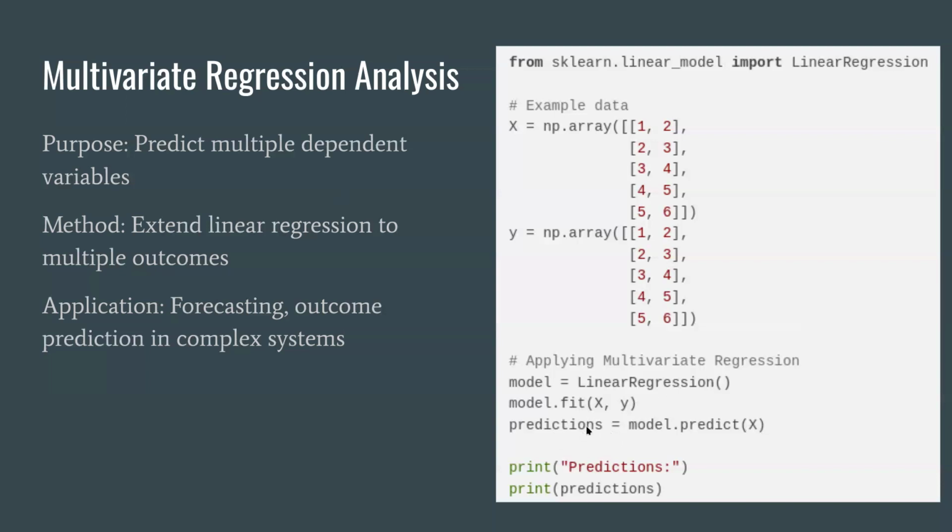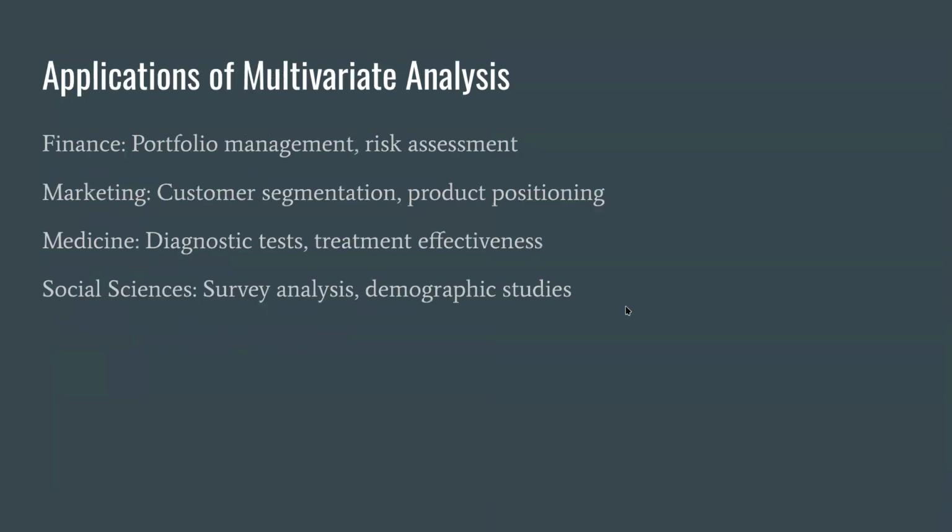So this prediction is the forecasted values. Again, remember that multivariate regression is useful for predicting multiple outcomes in complex systems where multiple factors influence multiple responses.